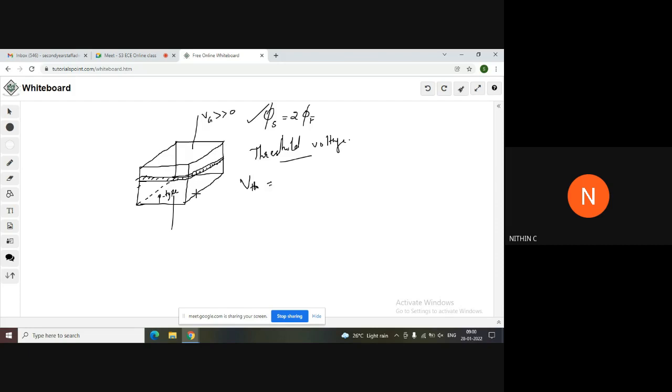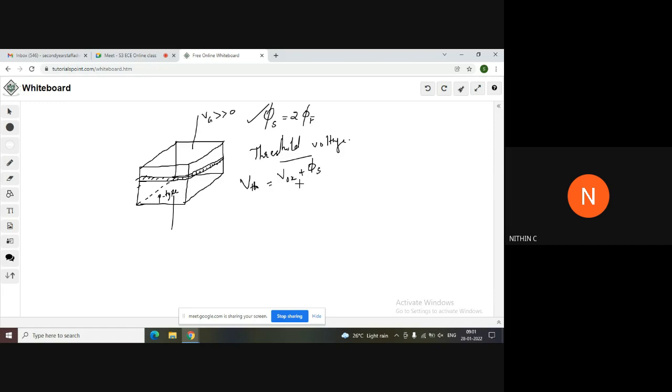Okay, two drops occur here. From the applied voltage, one drop is across the oxide layer and then across the semiconductor there will also be a drop. The oxide layer drop is represented as VOX. These two drops are within the voltage we apply: VOX, that is the oxide layer, plus phi S, that is the surface potential of the semiconductor.